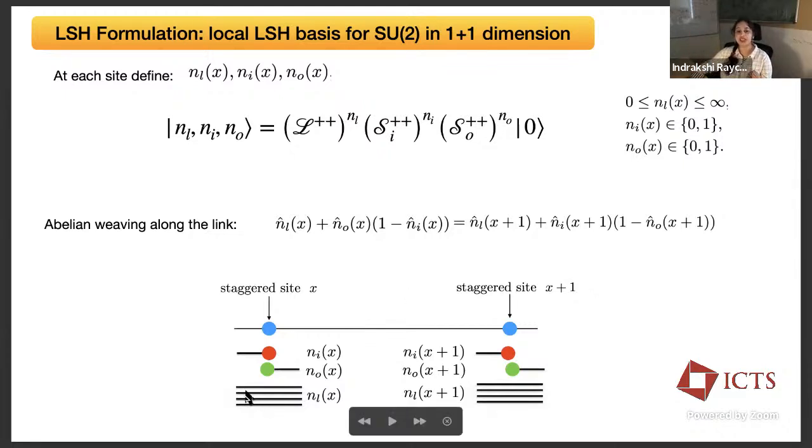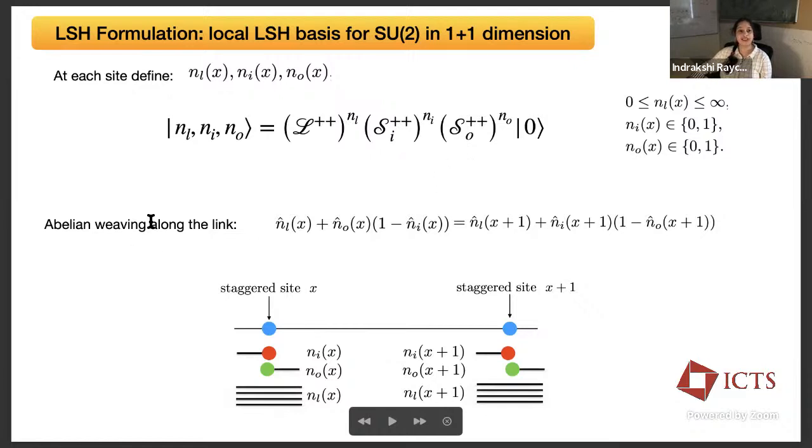In one dimension, you can either see flux flowing across that site, or you can see a flux ending at the site, or you can even see a flux originating from that site. So these are the three local excitations, and they are characterized by the local Loop-String-Hadron quantum numbers.